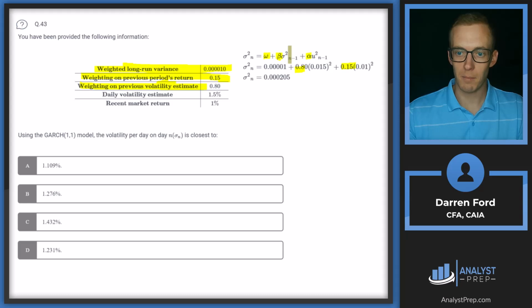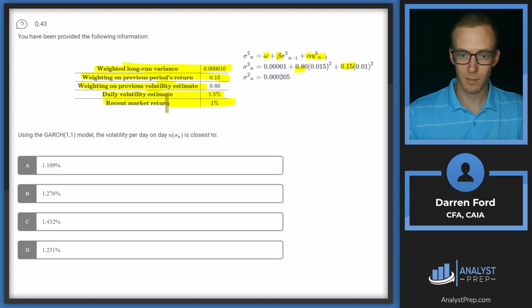And then we've got standard deviation of N-1, so standard deviation of the prior period. So that's going to be the daily volatility estimate of 0.015 there. And then the U squared variable is going to be our recent market return.